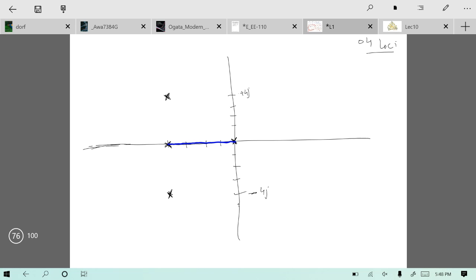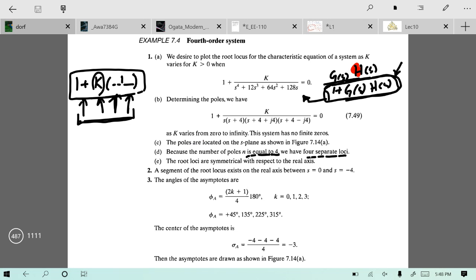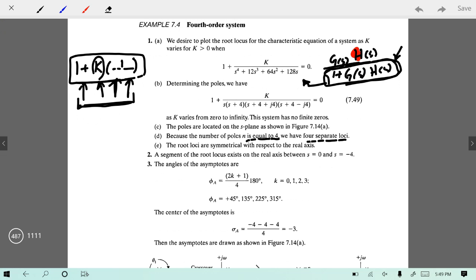Roots can come to this portion of the real axis. So a segment of the root locus exists on the real axis between s equal to 0 and s equal to -4. We have discussed this.